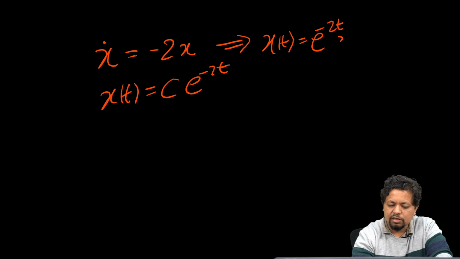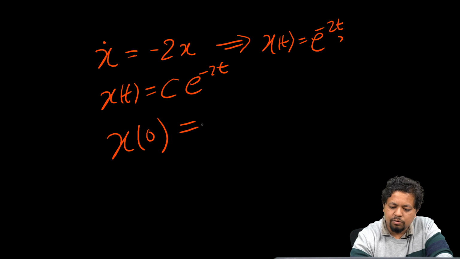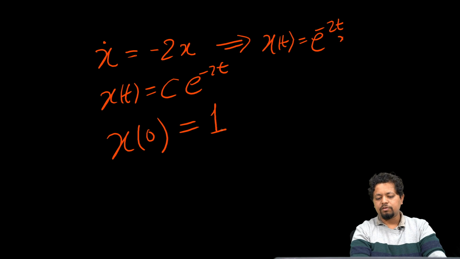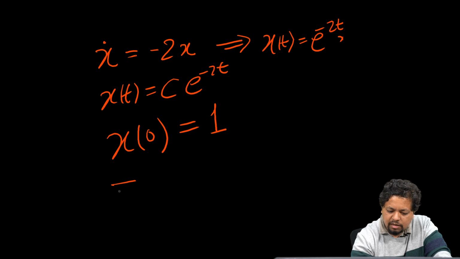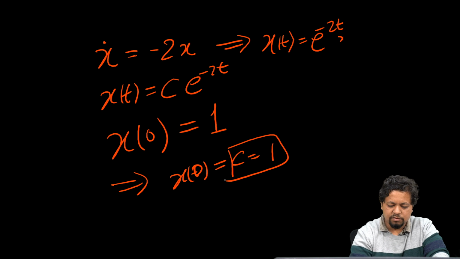In order to find the constant, I need some boundary conditions. So let's say x at t equal to 0 was 1. Then it immediately follows that x of 0 is simply c, which is 1, and therefore we establish that c is 1.